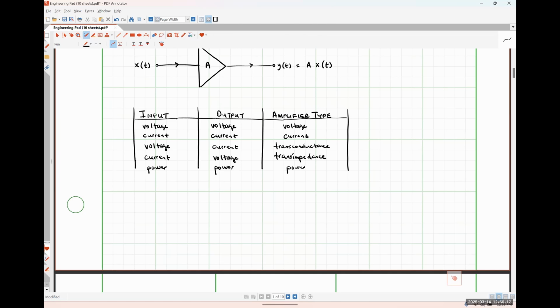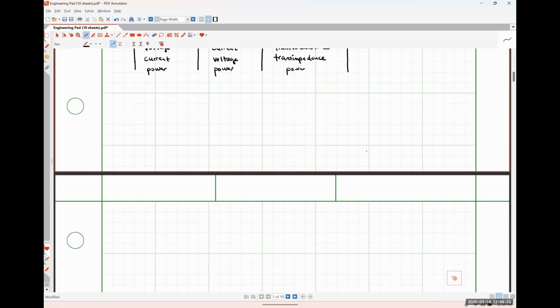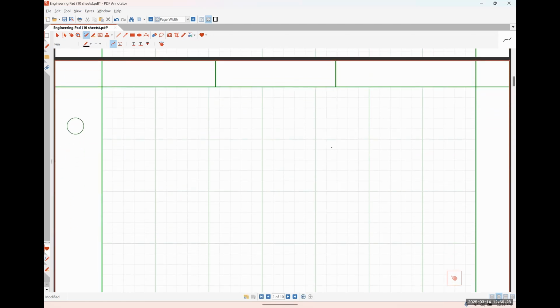Okay. So let's look at a simple representation of a voltage amplifier circuit. So I'm going to start with my amplifier here in the center of the page.